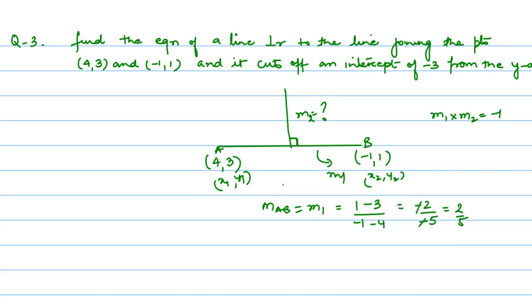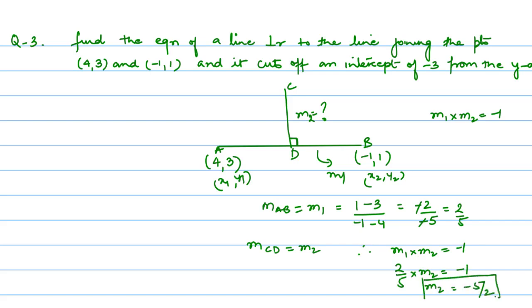This is the slope of line AB, and let's say this is CD, our line. Therefore, the slope of CD be m2. Therefore, m1 into m2 should be minus 1. m1 is 2 by 5, m2, our slope, we do not know, is minus 1. m2 is minus 5 by 2. Therefore, the slope of our line, now we know, is minus 5 by 2.